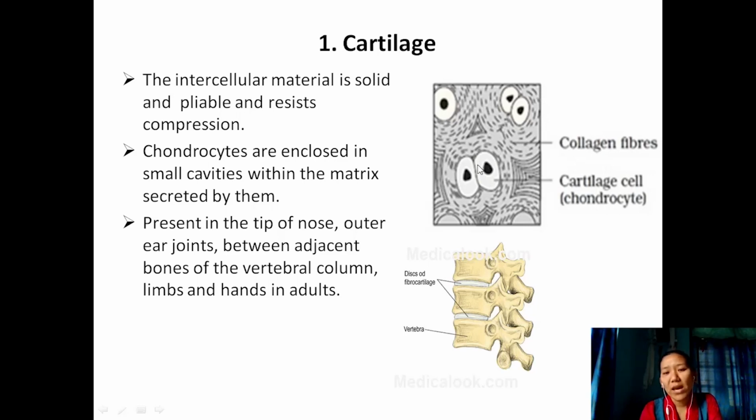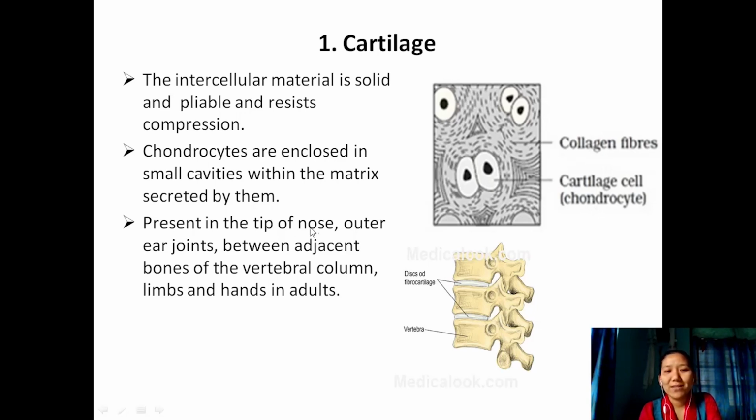We have already discussed that connective tissue cells produce fiber and matrix, and the matrix acts as a ground tissue. So in the matrix you find fibers and cells, and the cartilage cell we call a chondrocyte.